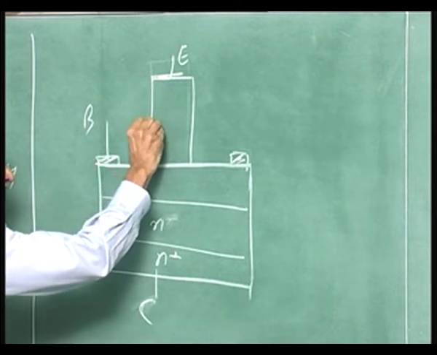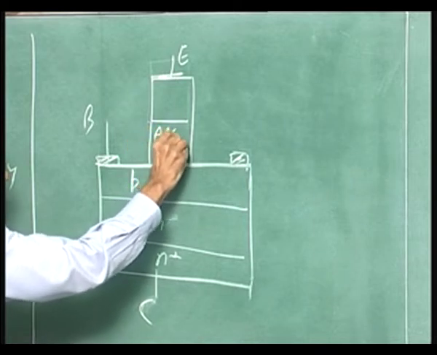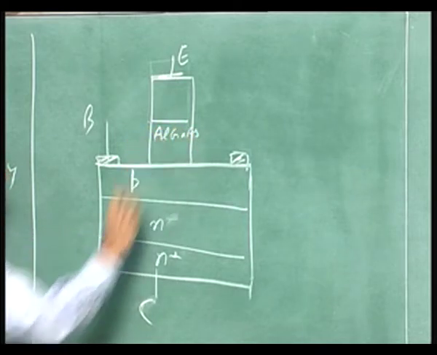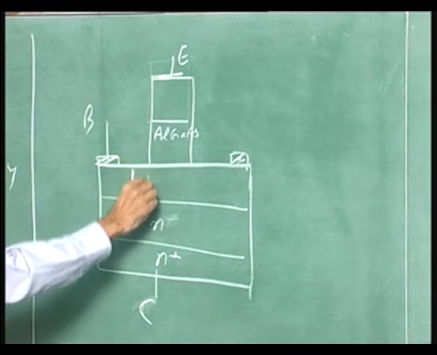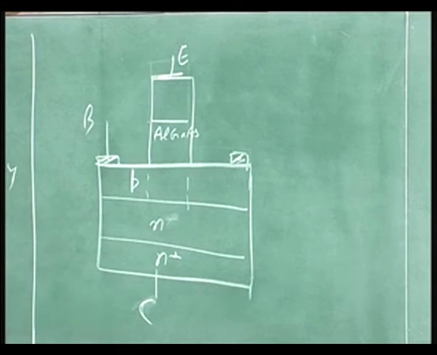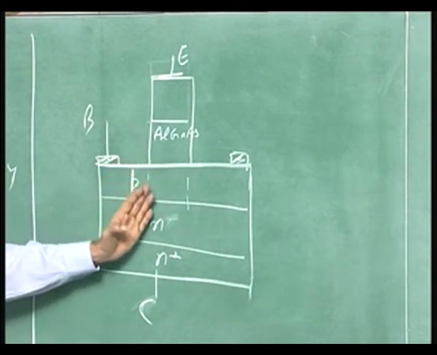Then this is the AlGaAs. What we have been considering is only this portion. It is a one dimensional analysis, with current flowing in this direction and nothing happening beyond this point.